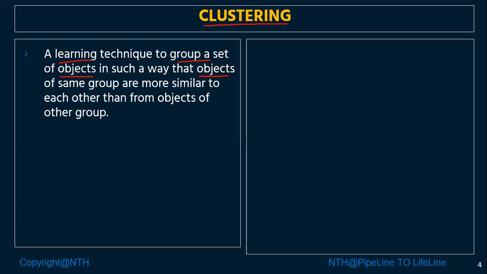If you have any check bounces, or you are not repaying certain loans back to the bank, automatically, based on your transactions, the application categorizes you as a defaulter or a good customer, isn't it? So everything in the universe will be treated as objects.